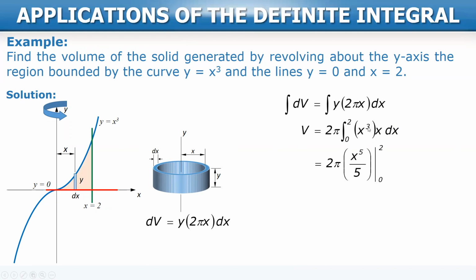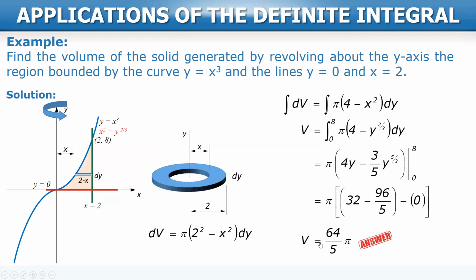The integral of x raised to 4 is x raised to 5 over 5, from 0 to 2. So you evaluate and then simplify. The answer is 64 over 5 times pi. Same as when we revolved about the y using the ring method: 64 over 5 times pi.